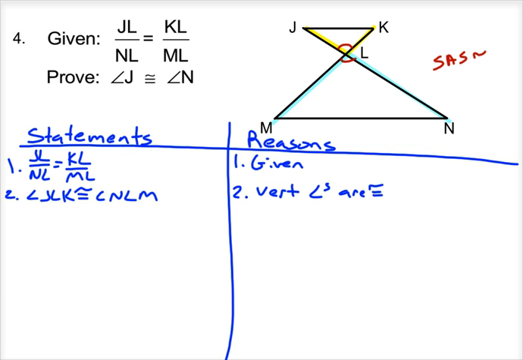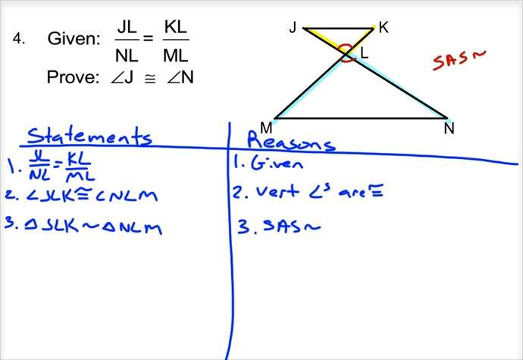And now I can state that the triangles are similar to each other. So I get triangle JLK is similar to triangle NLM, and our reason is side-angle-side similarity.